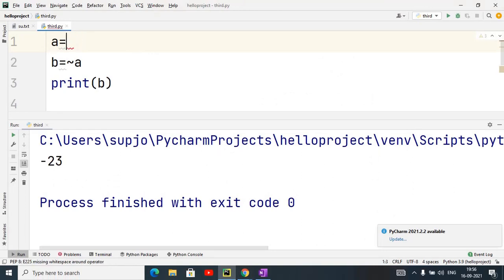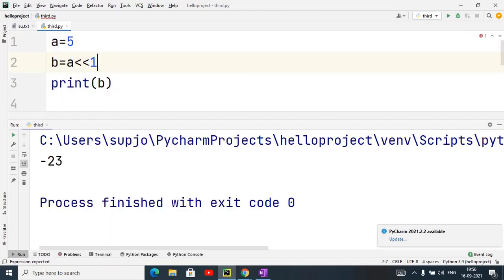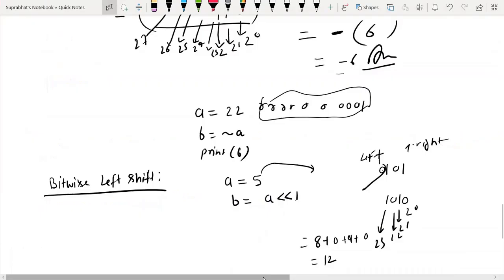A equals 5, we have taken a left shift 1. It is showing 10. So what went wrong in this case?